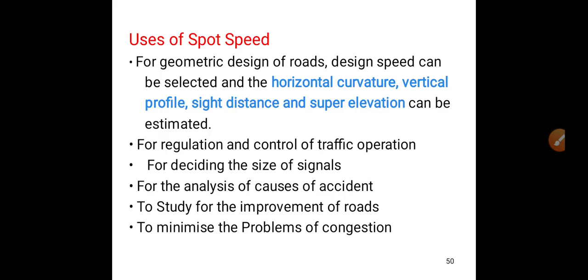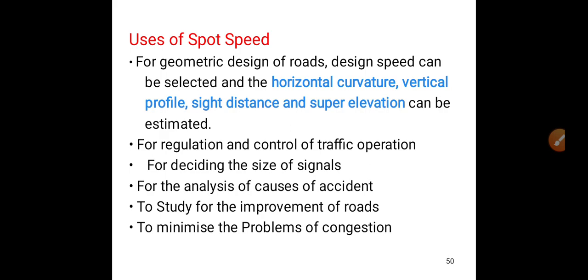In the last class we have seen the spot speed study: how spot speed can be determined in the field using an enoscope, a simple instrument, and the presentation of this data by plotting the graphs, the frequency distribution curve and the cumulative frequency distribution curve.